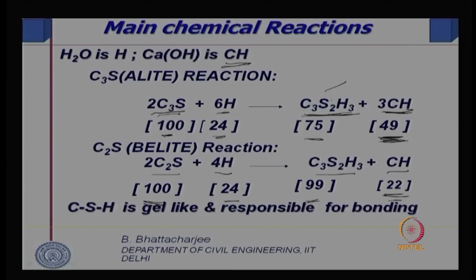There is a reason why we call it CSH rather than the complete compound formula, and we will come to that shortly. It has a gel-like structure and is responsible for bonding. We will come to that in more detail.